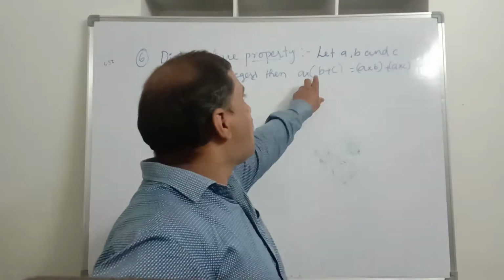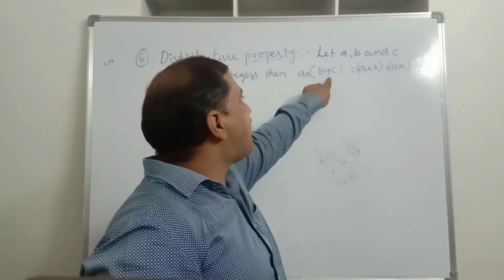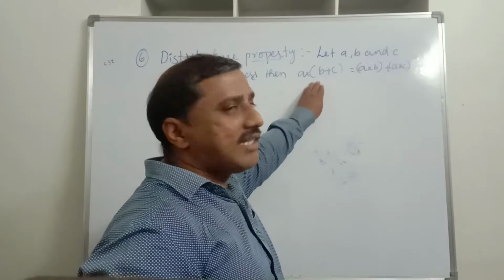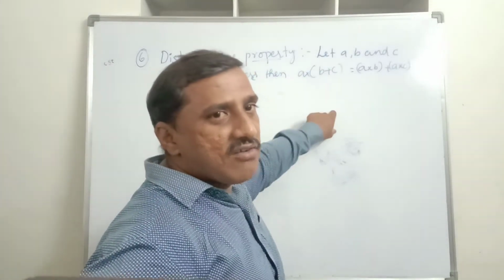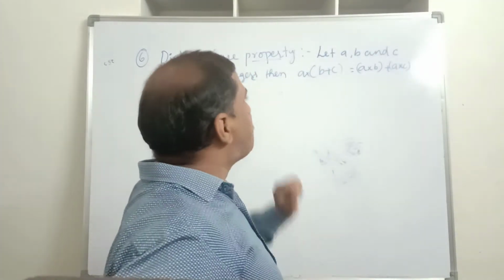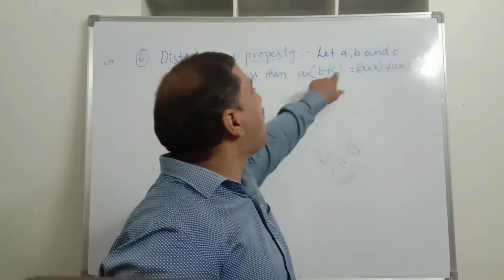It means that the sum of b and c is multiplied by a, and that product is equal to the sum of the individual products of a and b and a and c.